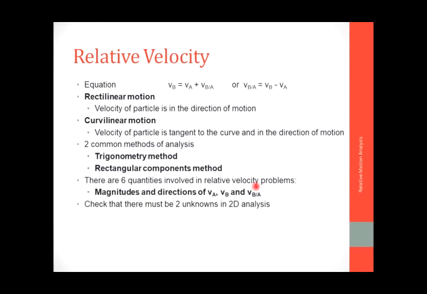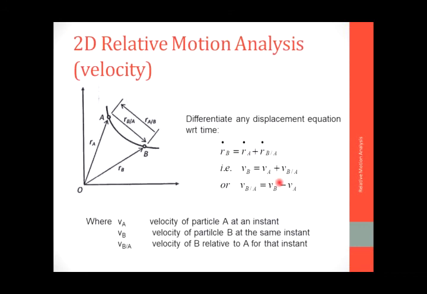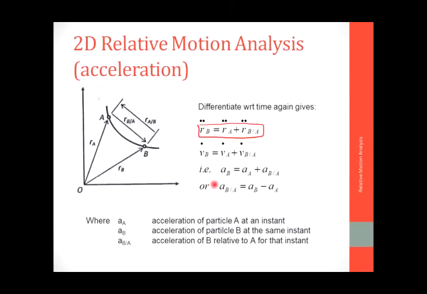So for the relative velocity, from previously, we have this equation, because this one is B and this one is A, and BA is this.